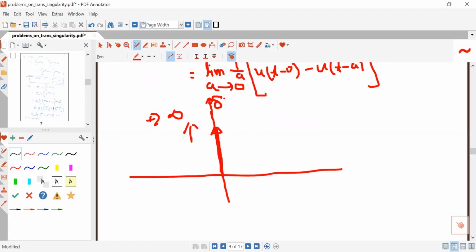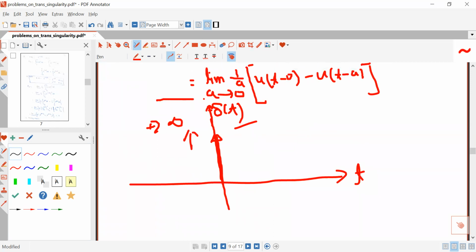Such a rectangular pulse, of 0 width and infinite amplitude, is called an impulse. So the impulse signal is basically a rectangular pulse of 0 width but infinite amplitude. The amplitude of the impulse signal will be infinity.